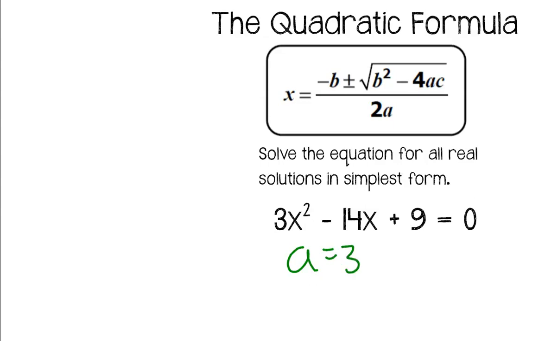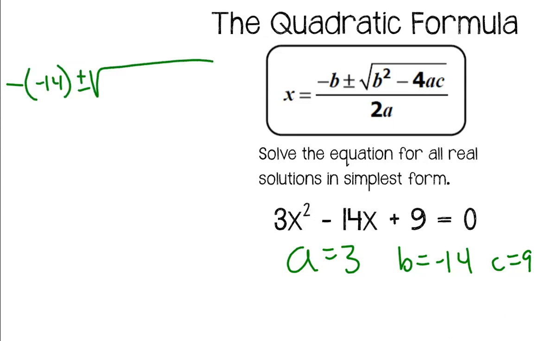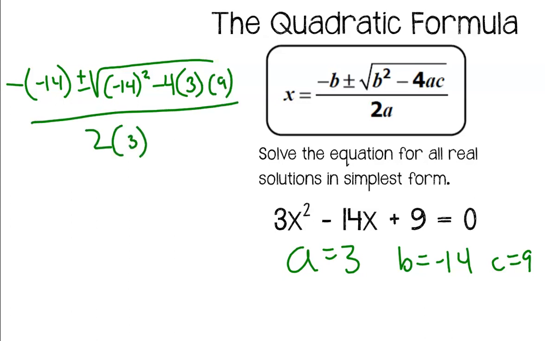A is 3, B is negative 14, and C is 9. Fill that into your formula here. Don't forget to use parentheses when you're typing in your calculator, as well as when you're writing this work on your paper. And A is 3. So here we go.